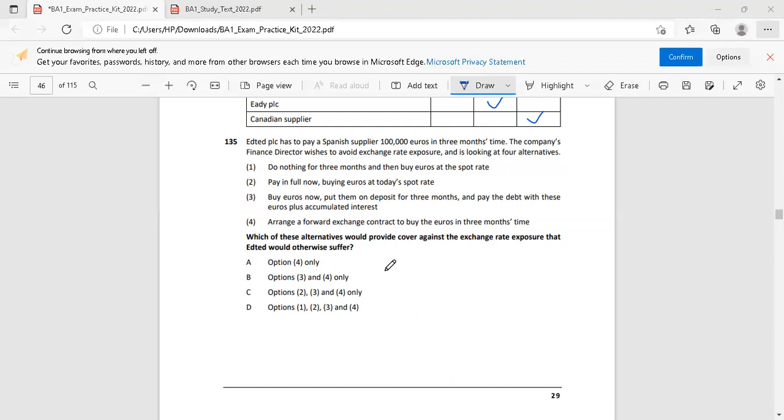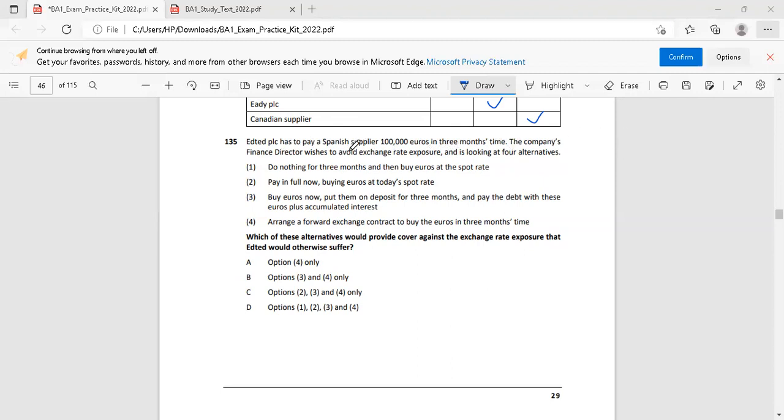Second one, pay in full, buying euros at today's spot rate. They have to pay a Spanish supplier 100,000 euros in 3 months' time.